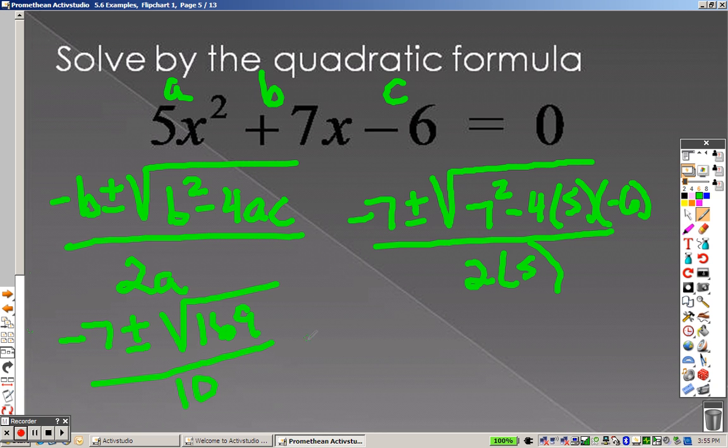So we end up with negative 7 plus or minus 13 over 10. So negative 7 plus 13 is 6. 6 divided by 10 is 3/5, so one answer is 3/5. And negative 7 minus 13 is negative 20 divided by 10 is negative 2. So there are your two answers.